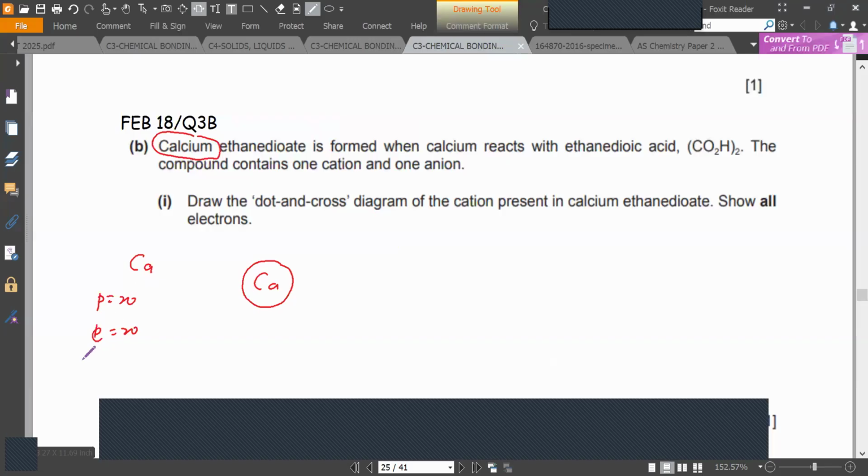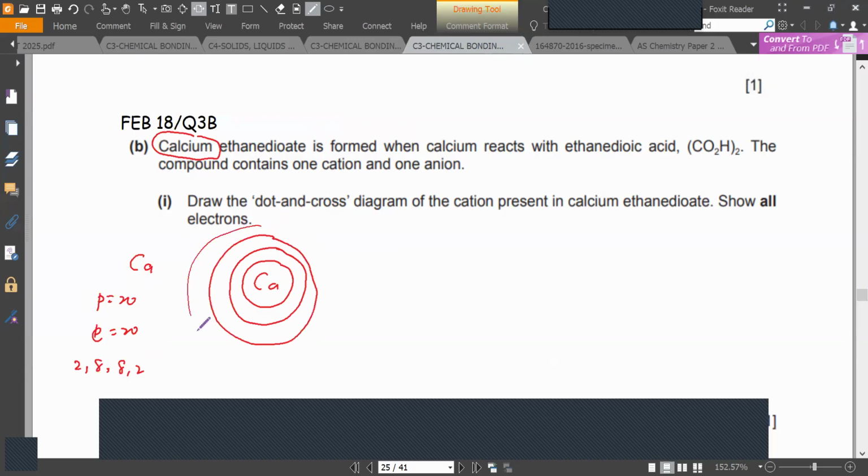The electron configuration will be 2, 8, 8, 2, like this. So this is calcium.